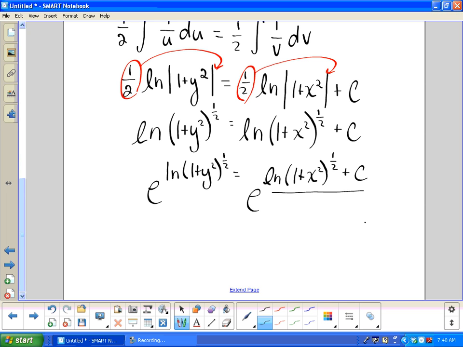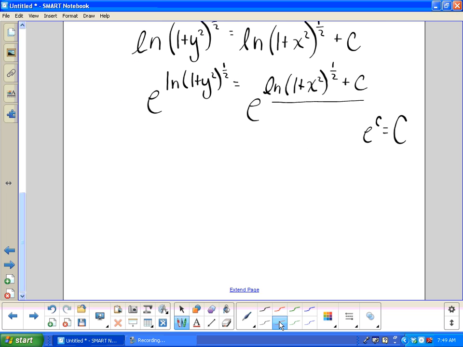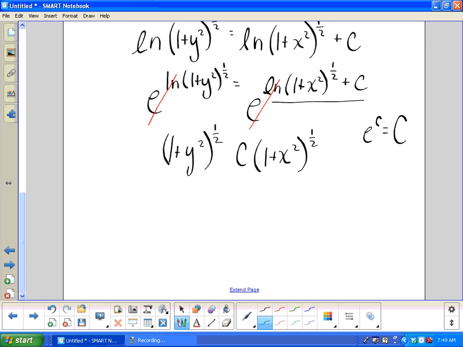And then I can just rewrite e to the c as c. So what I end up with, I promise we're almost done, is those obviously are going to cancel, and this is just going to be (1 plus y squared) to the 1/2 is equal to c times (1 plus x squared) to the 1/2.